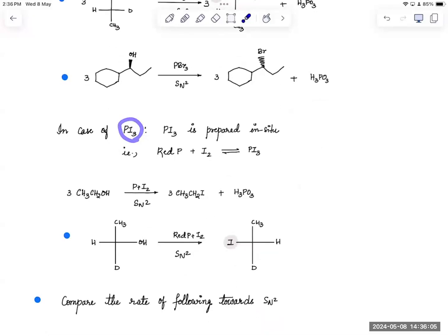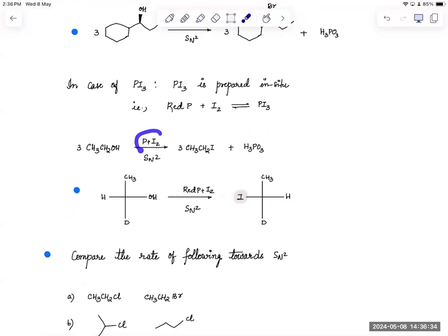PI3 is prepared in situ. In situ means just at the point of reaction, in that situation only we'll prepare it. That is, red phosphorus plus I2 will become PI3. This PI3 will again decompose back to red phosphorus and I2. So that's why to prepare PI3, we should only prepare it at the time of the reaction.